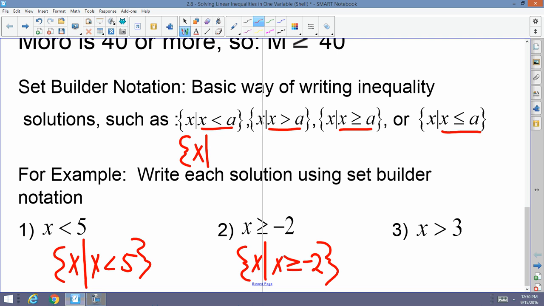This is set builder. X is greater than 3. So I create my braces. I'm solving for the variable x. I draw my line separating the solution, which is x is greater than 3. Okay? You have to wrap this up with another brace. And that's set builder, literally.